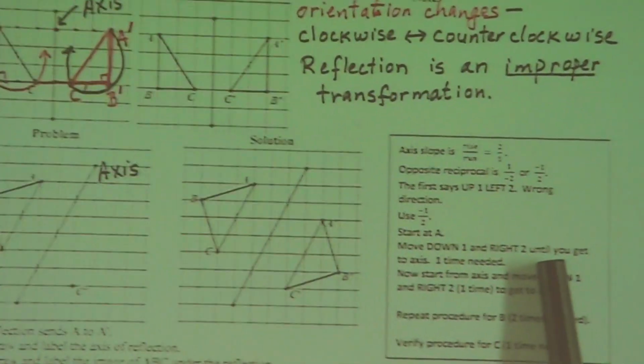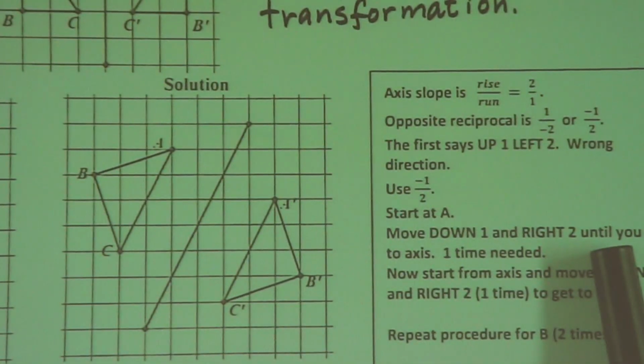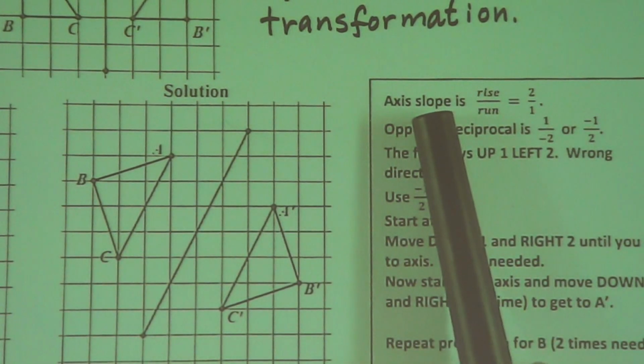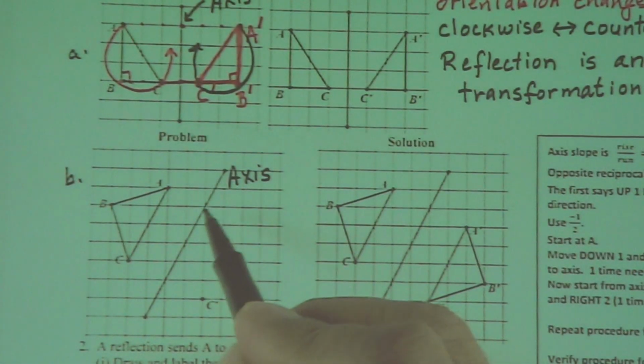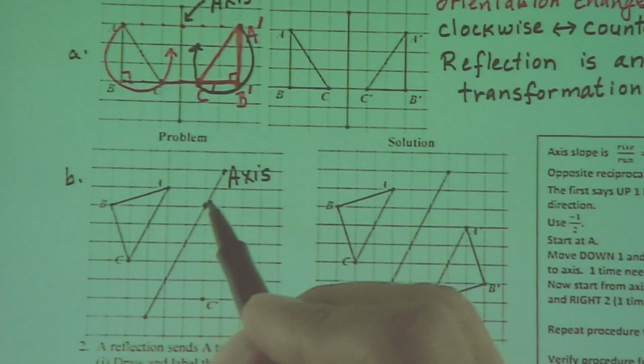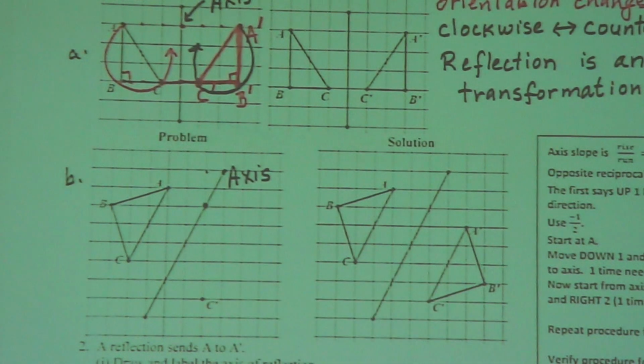In the little box here, we have the notes, what to do. So first thing you're going to do, find the slope of the axis. In this case, what you do, you choose any 2 points on the line. To get from here to there, I rise up 2 and I run 1.